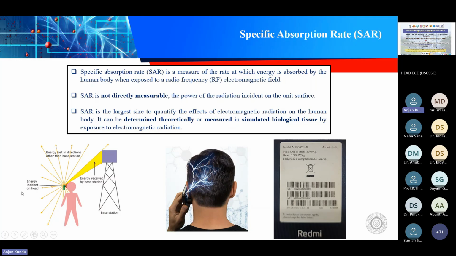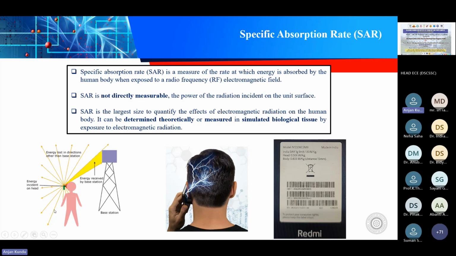The mobile is receiving the signal. It is transmitting the signal in all directions, also towards the head. That's why we can hear through our audio nerve. So how much energy is being exchanged, and what is the permissible range of that energy so that our brain will not get damaged? That is limited by SAR.